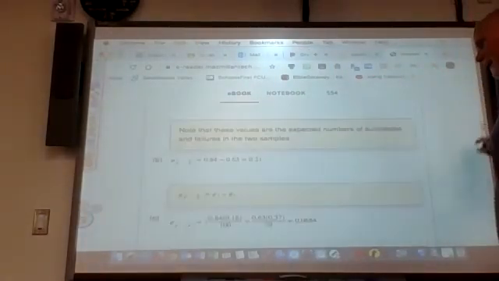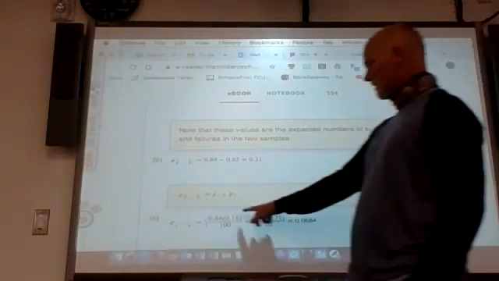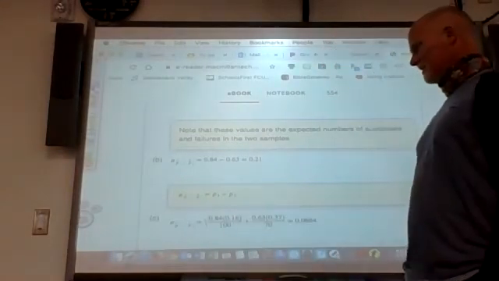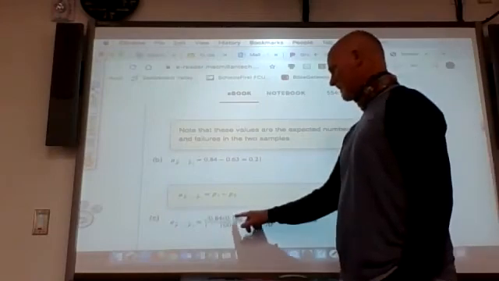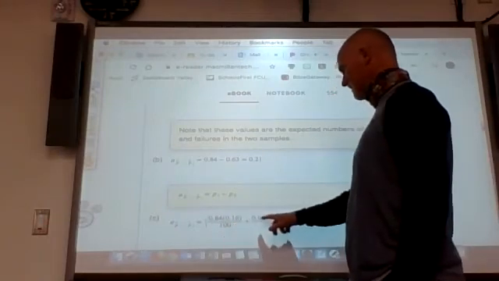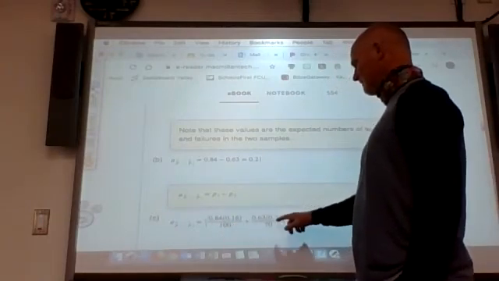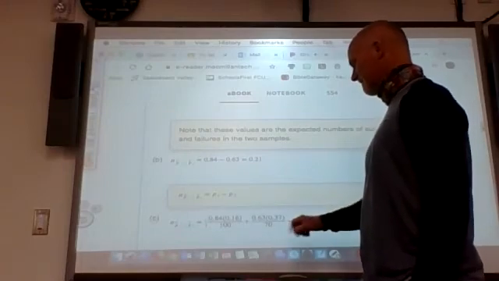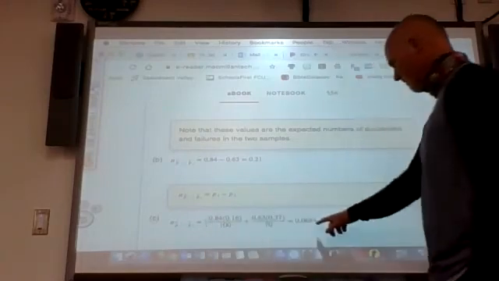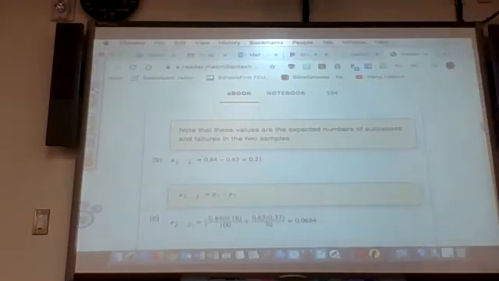And then the standard deviation, you would put the information into that formula. So 0.84 times 0.16 divided by 100 plus 0.63 times 0.37 divided by 70. And all of that taking the square root of it, and it comes out to about 0.068. So what does that mean?